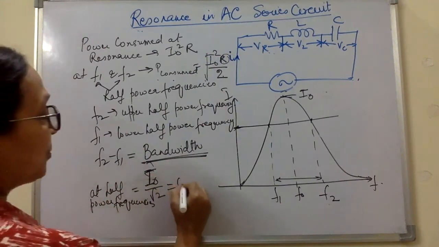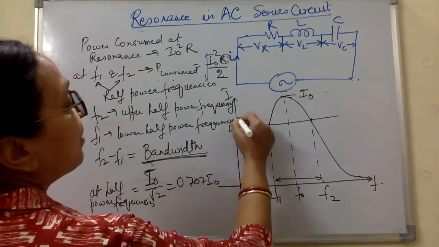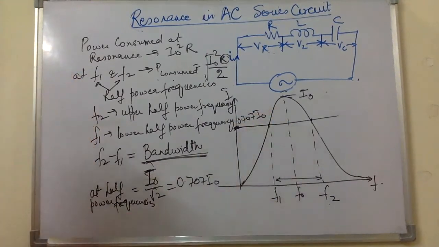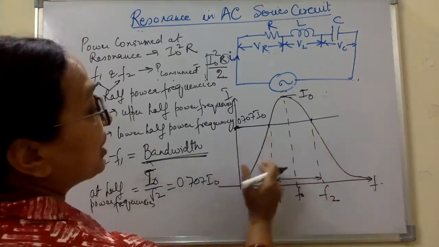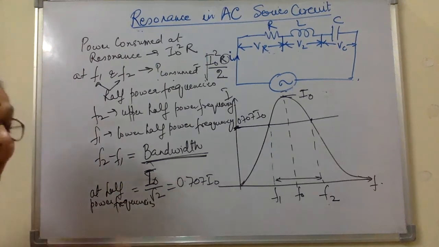Now I0 by root 2 is 0.707 I0. That means at half power frequencies, your current is 70%, 70.7% to be exact, of the current at resonant condition. Now, why this term is important is because this gives you a range of frequencies within which you can transfer power to the load as maximum.